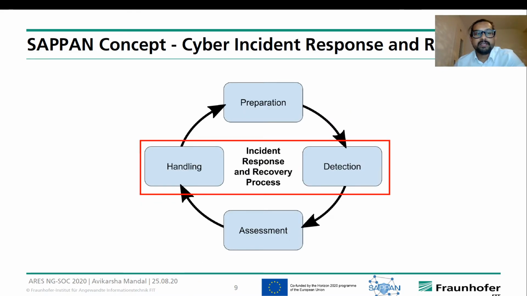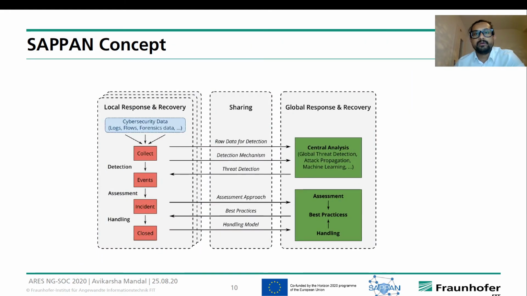So as you see, a typical cyber incident response and recovery lifecycle can be divided into 4 stages: preparation, detection, assessment, and handling. In the SAPPAN concept, our main focus is on detection and handling. Here we can see the SAPPAN concept.